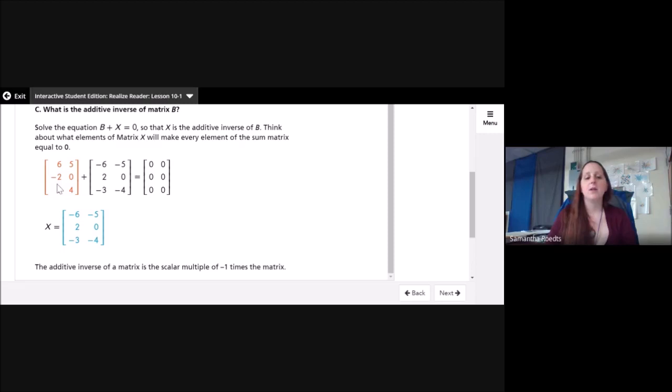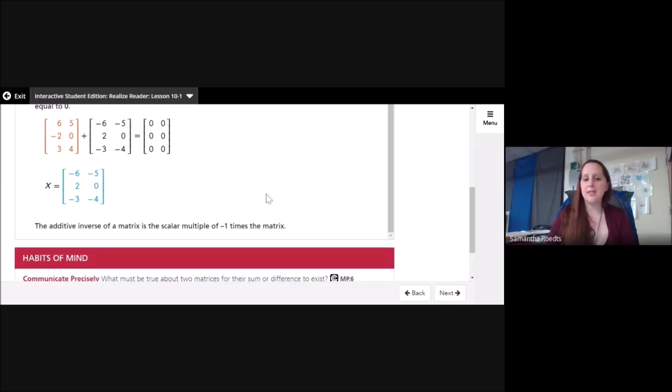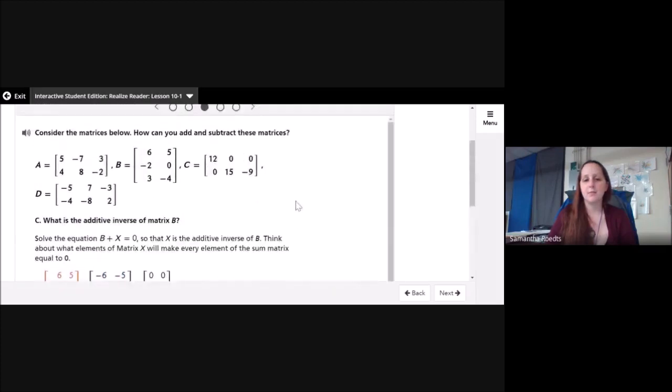Negative 5. Negative 2 plus what gives you 0? 2. 0 plus what gives you 0? 0. 3 plus what gives you 0 is negative 3, and 4 plus what gives you 0 is negative 4. So my additive inverse is negative 6, negative 5, 2, 0, negative 3, negative 4. The additive inverse of a matrix is the scalar multiple of negative 1 times the matrix.